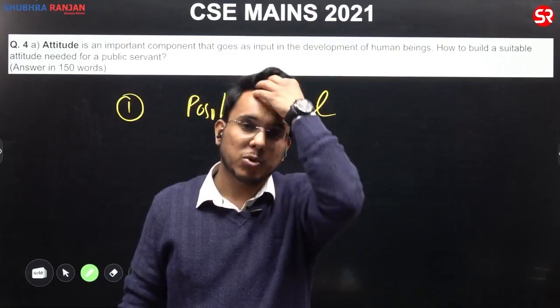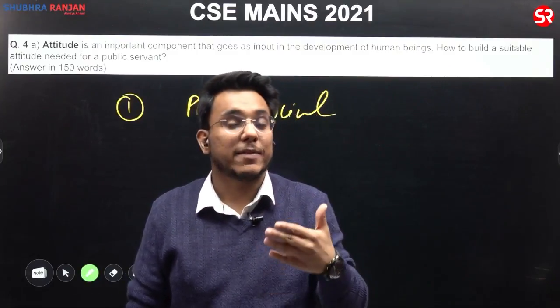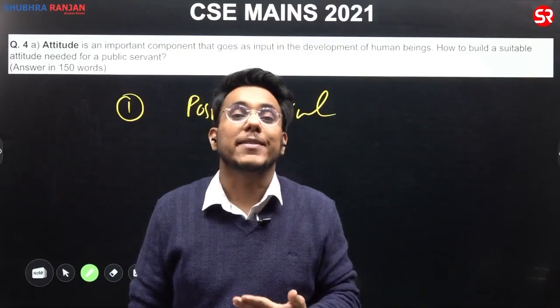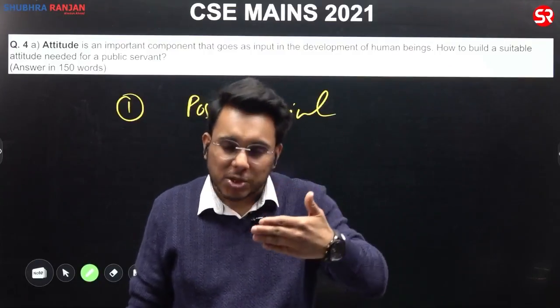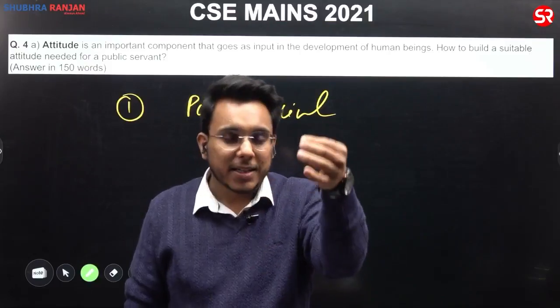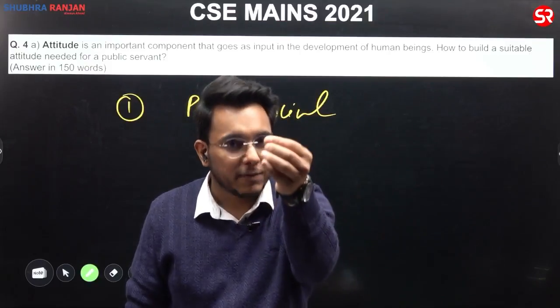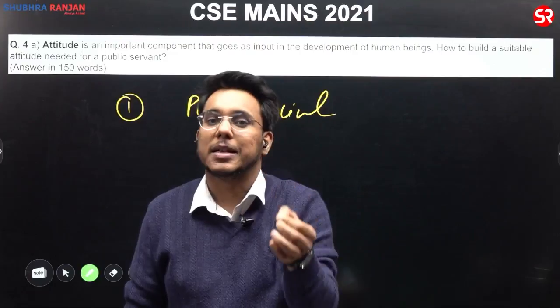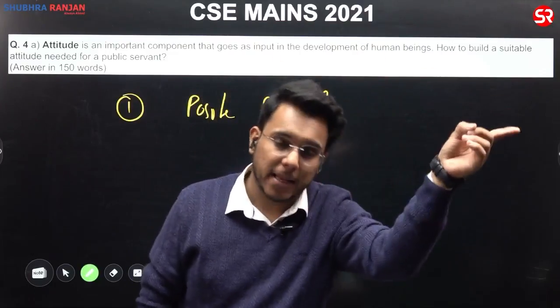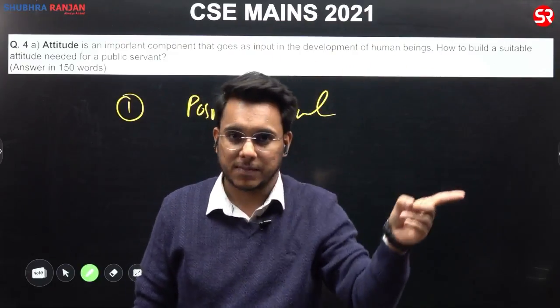Now, socialization is a complex process by which a person learns how to behave in a society. Through positive socialization in the tender age, people can be taught the desirable attitudes which will help them in their careers later on.